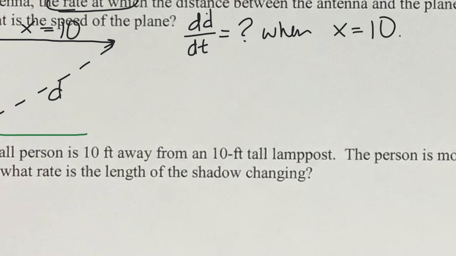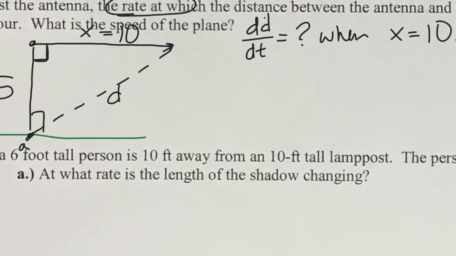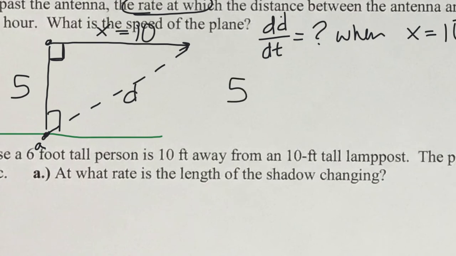Okay, so this looks like a perfect Pythagorean theorem problem. Perfect Pythagoras. A right triangle. So Pythagoras says 5 squared plus x squared equals the hypotenuse, which I'm calling d, the distance between the antenna and the plane, squared. So we start with Pythagoras.